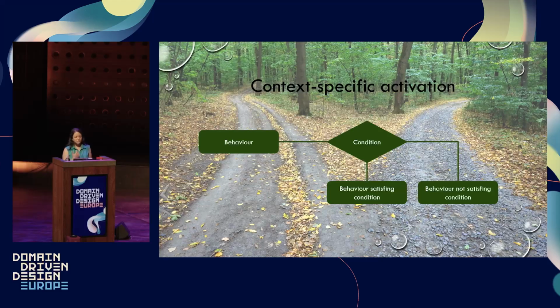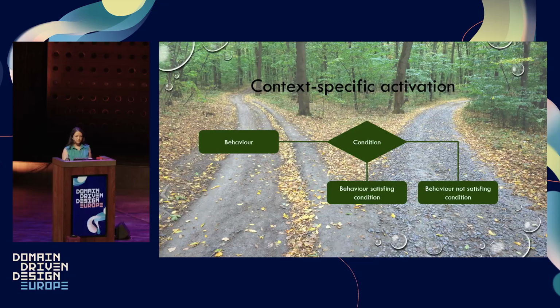When the scenario looks like this, for another example, we have a behavior, we have a condition, and if the condition is OK, we have a behavior satisfying this condition, or another behavior which is not satisfying the condition.